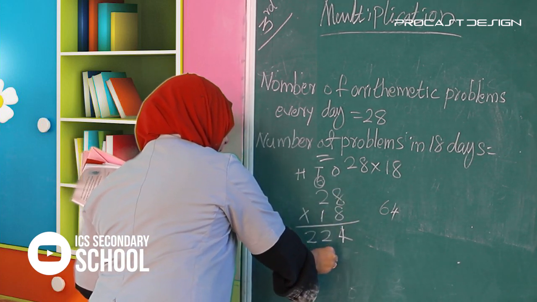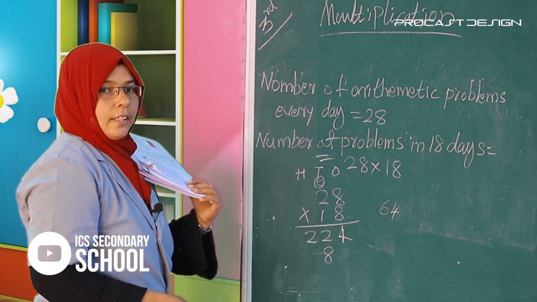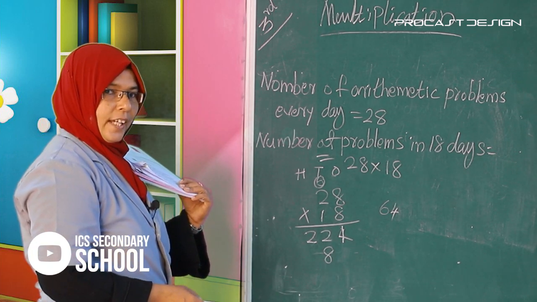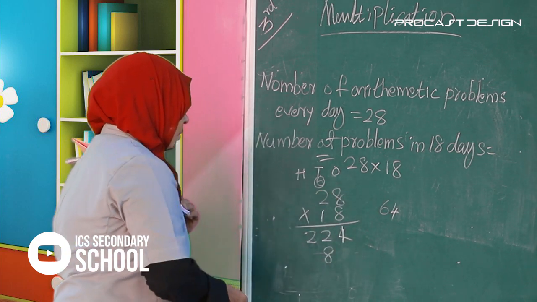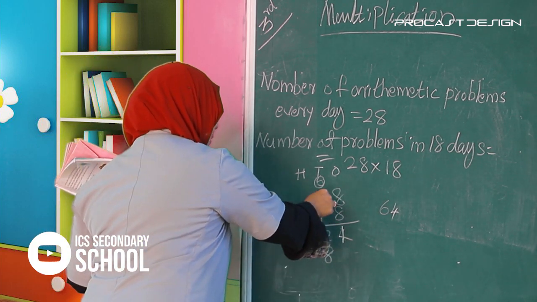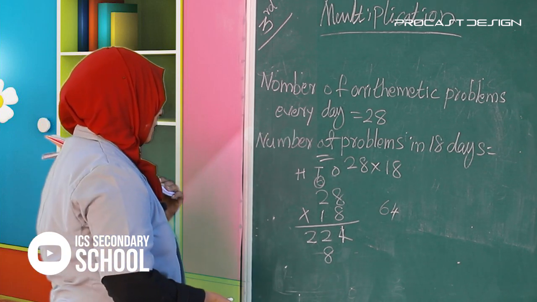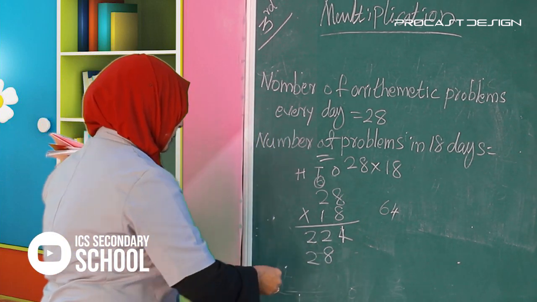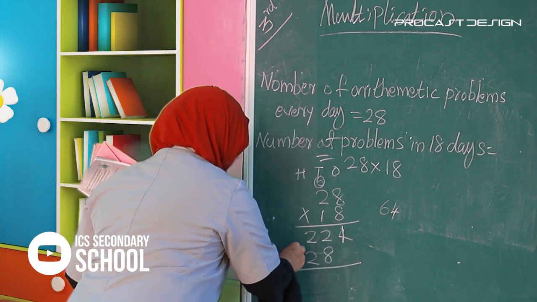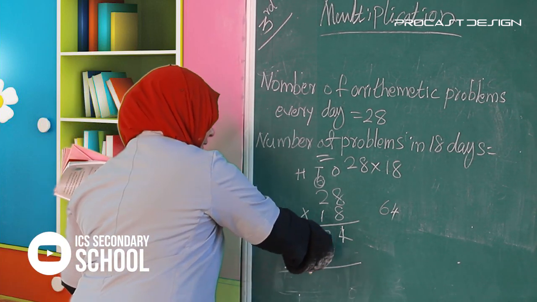The product will be written in the tens place. Good. Next, 1 into 2 equals 2. We add these two products.